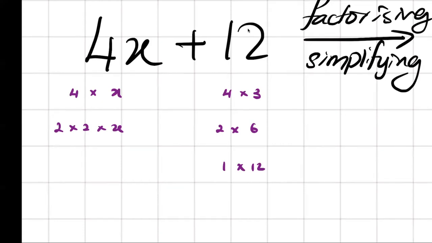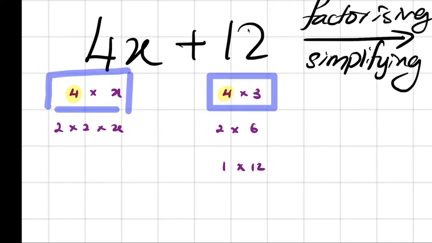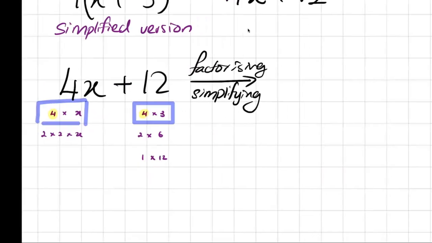If you look at it, the highest common factor will be 4 and 4. So we're going to use these two combinations here. We're going to take out the 4 and put it outside. And then inside we're left over with x plus 3, because this 4 has been taken out of the equation.